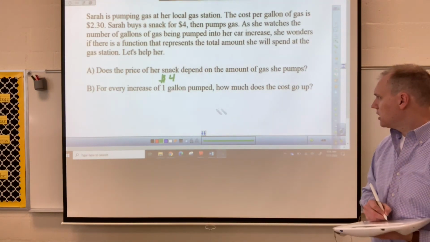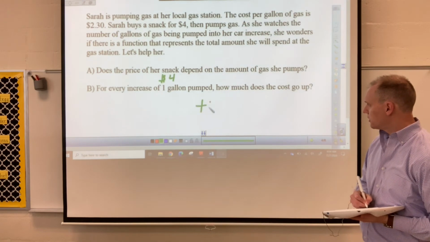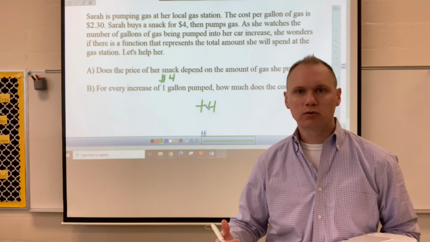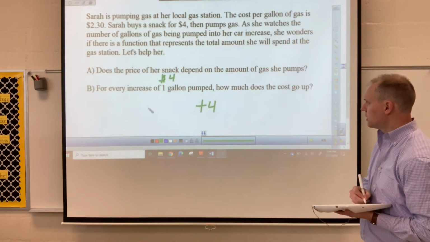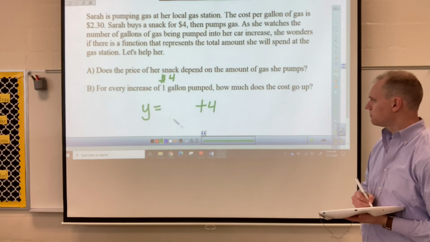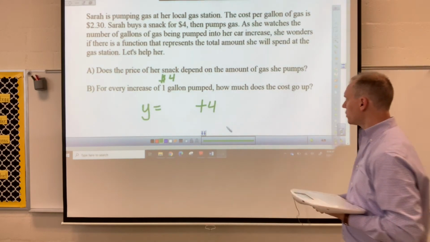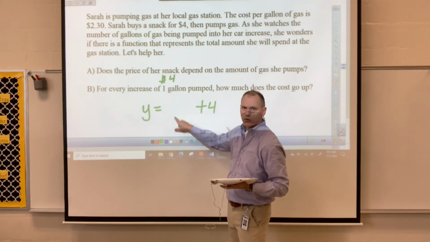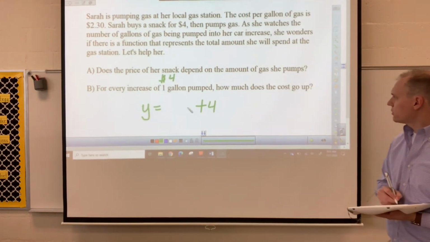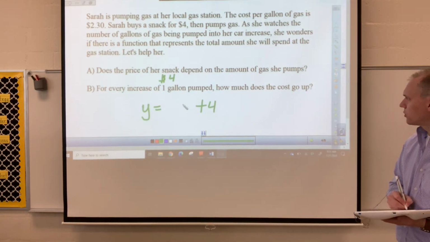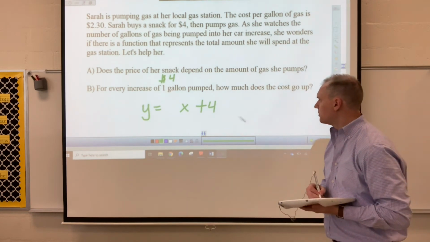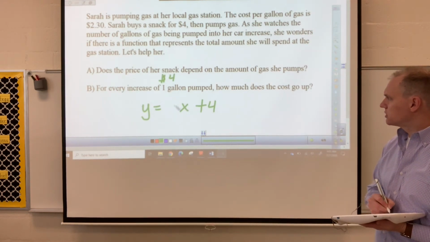So if we think about our linear functions here, that's going to be the value on the end that we add to this constant rate of change that we're going to describe with the gas. We're going to output the number of dollars here, and it's based on $4 plus whatever we get charged for gas. For every gallon we pump, we're going to call that x. x is the number of gallons we pump into the car. That's going to cost an additional $2.30.